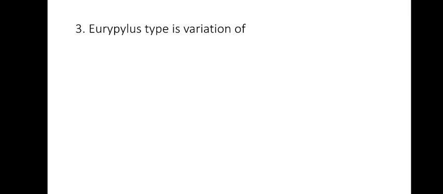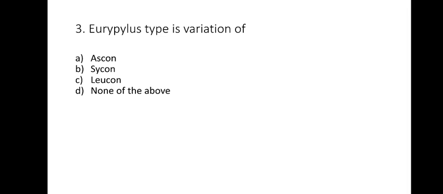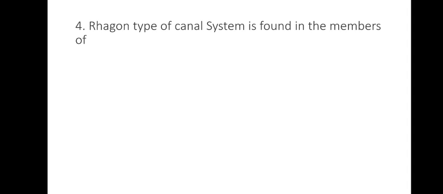Third one: Eurypylous type is a variation of Ascon type, Sycon type, Leucon type, or none of the above? The option is C, Leucon type. Eurypylous is one of the modifications of Leucon type of canal system.